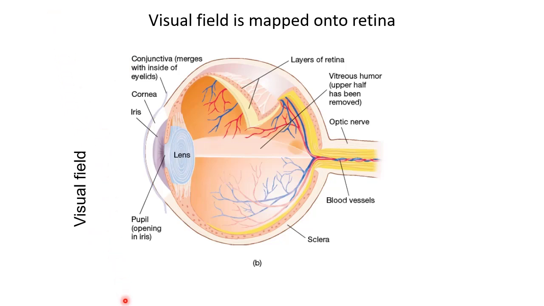And so it's a good idea to start thinking about the visual field as one big grid across a piece of graph paper. And this is mapped back onto the retina in pretty much exactly that manner. Let's not worry about all the weird flips and other things like that for the moment, but there's a one-to-one relationship between what's out in the visual field and what's being mapped onto the retina. Take it at face value for now.